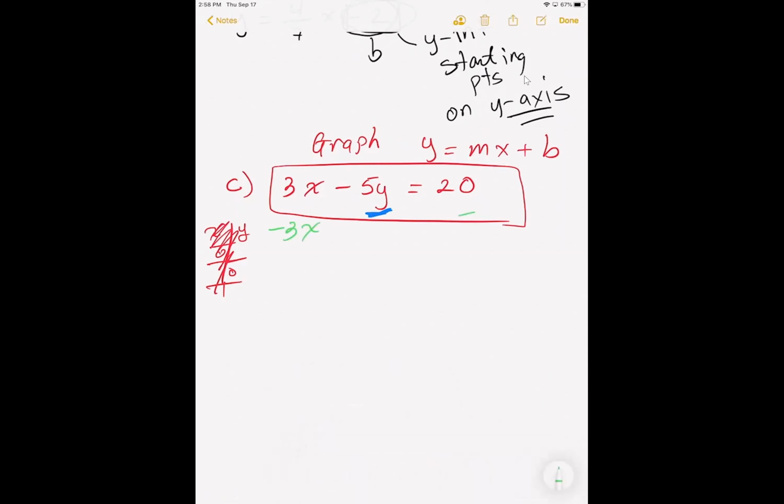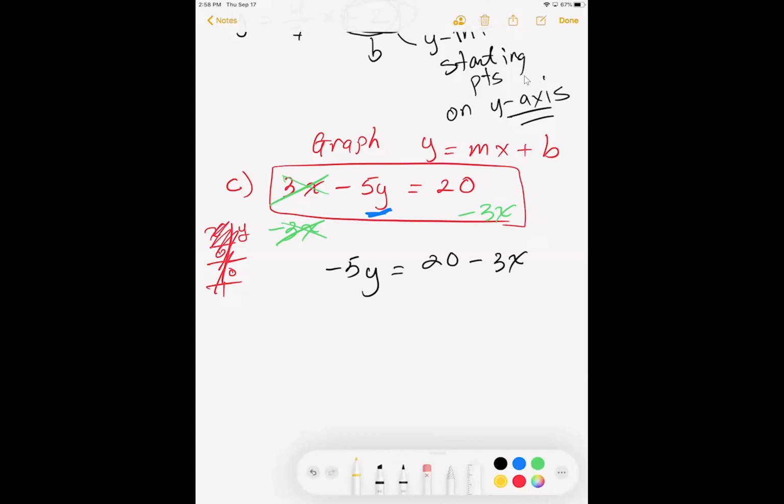To get rid of the x, do you agree that 3x, take away 3x, they cancel out? And if I subtract on one side, I need to subtract on the other side, so my new problem is negative 5y equal to 20 minus 3x, which is the same as with parallel and perpendicular lines. Once you have this, how do I get rid of my negative 5? I need to divide by negative 5.